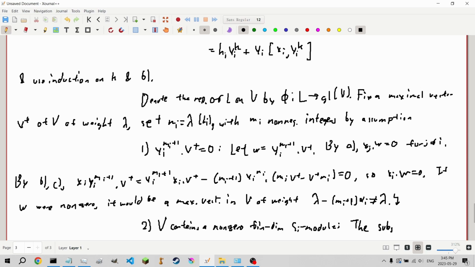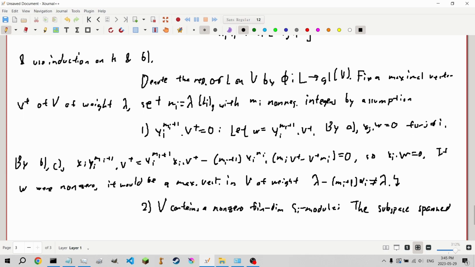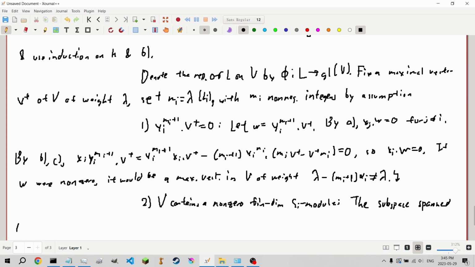The subspace spanned by v plus, yi on v plus, through yi mi on v plus is stable, of course, under yi by the previous step.